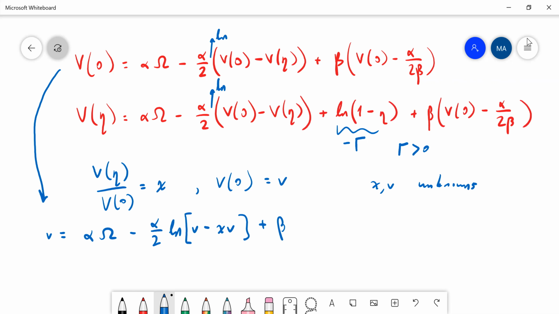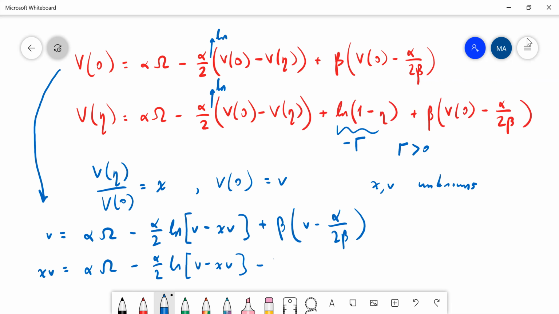Plus beta V minus alpha 2 beta, okay? And here I have xv equals alpha omega, alpha 2 ln, the same thing, right? V minus xv minus gamma plus beta V minus alpha 2 beta.